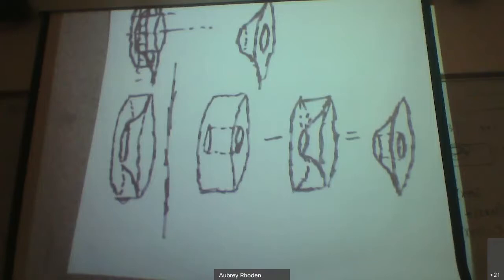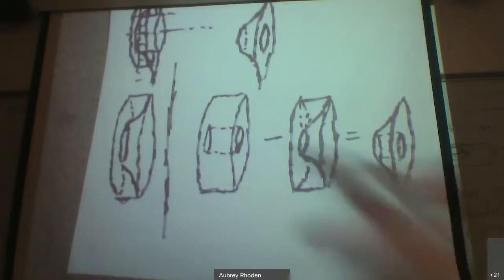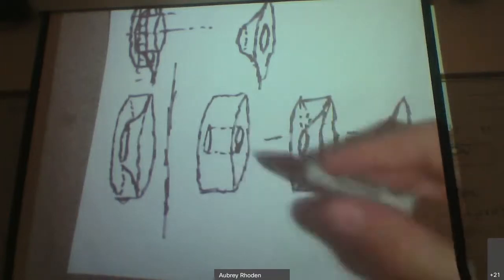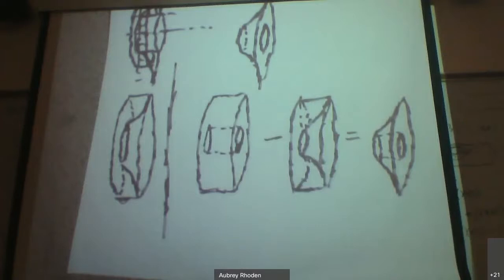If I just start talking about this volume right here, what's going to happen with it? If I take cylinders and start adding them up, the height of the cylinders is going to be a constant. The height of the cylinders is going to be 2.